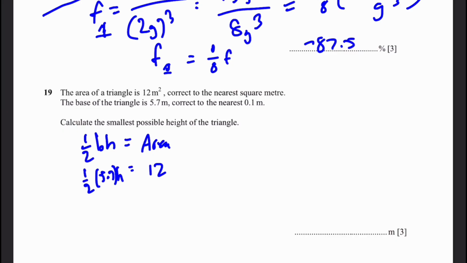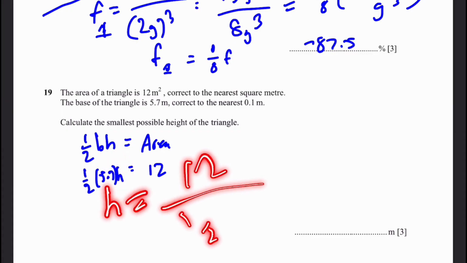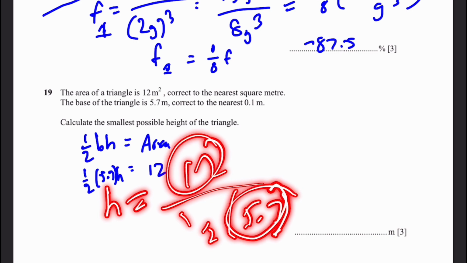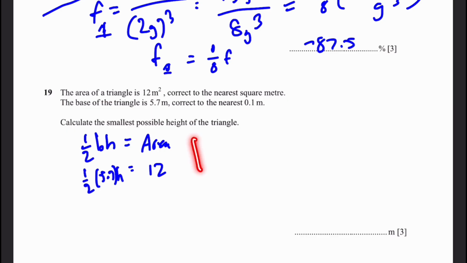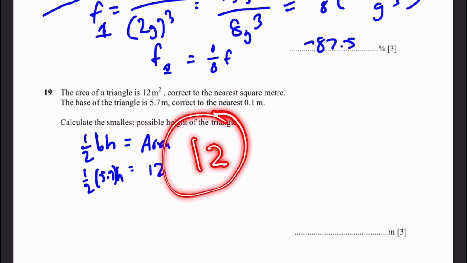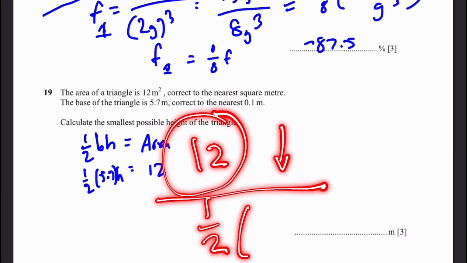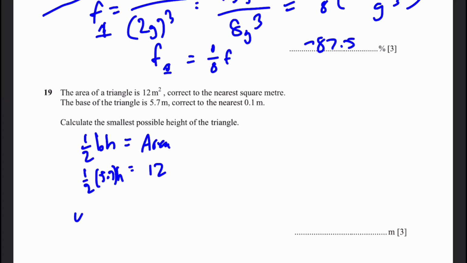And well, h in this case is going to be 12 by half times 5.7, if this is the exact value, but these are rounded values. So to get the smallest possible height, we need the smallest possible value of the numerator, so this is the lower bound, and divided by the largest possible value of the denominator, so this is the upper bound. So using the upper bound of 5.7 and lower bound of 12: half times what's 5.7's upper bound?